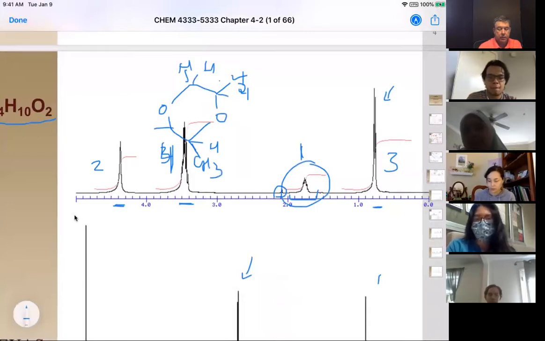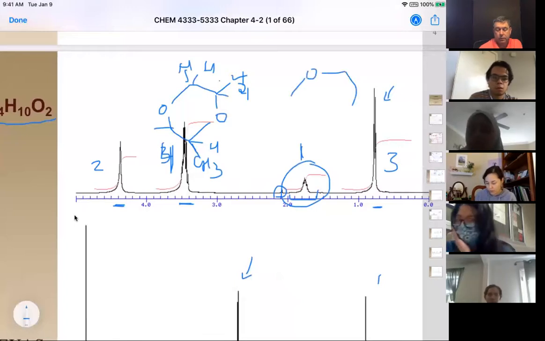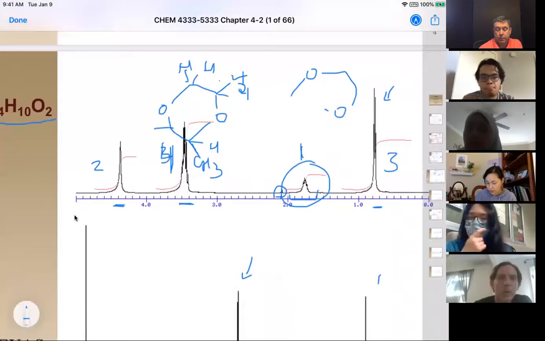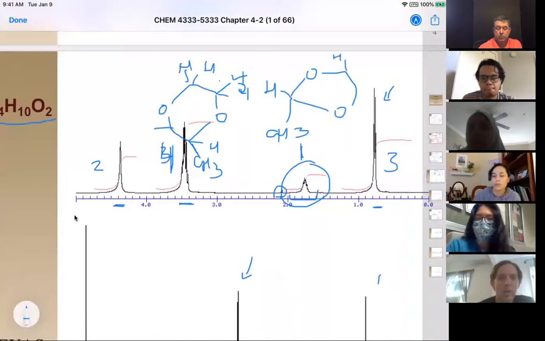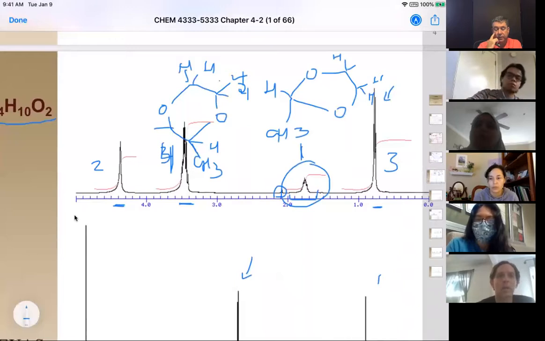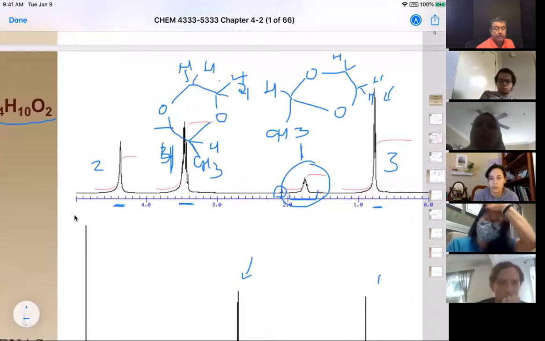No, that's too many carbons there. We only have 3 carbons. I mean 4 carbons. But we don't have a ring because we don't have hydrogen deficiency.